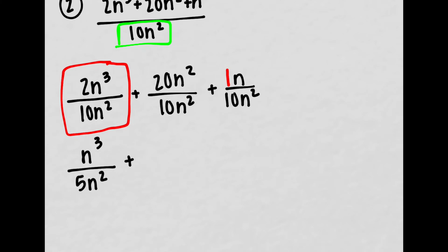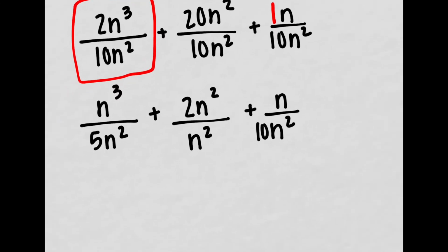So 20 divided by 10 leaves me with 2, and n squared over 10 divided by 10 leaves me with 1, and I just have n squared. And on the last one, I have 1 and 10. Now, I can't divide 1 by anything else by itself, so the last fraction just stays as n over 10n squared. I've dealt with the coefficients, so now it's the exponents' turn.